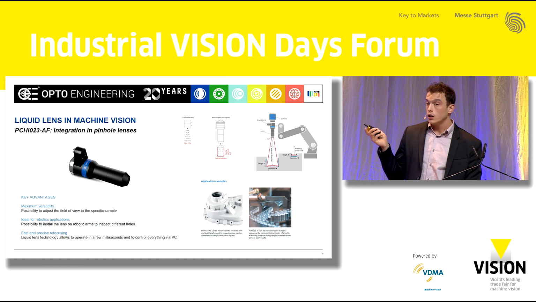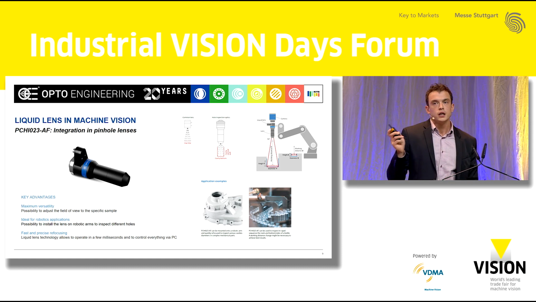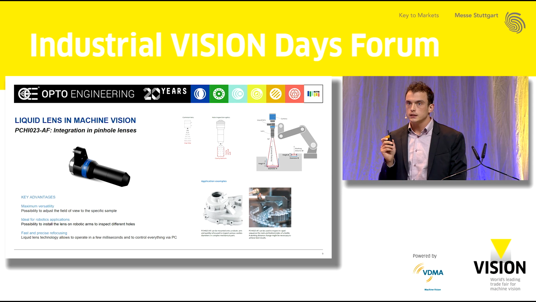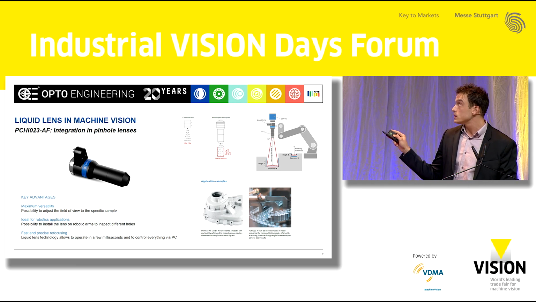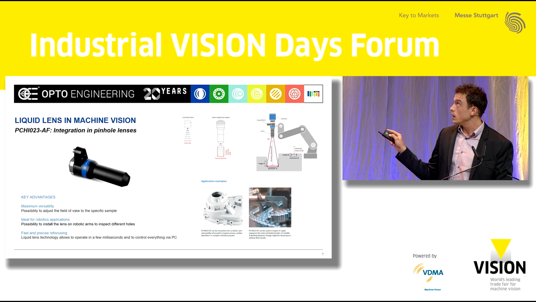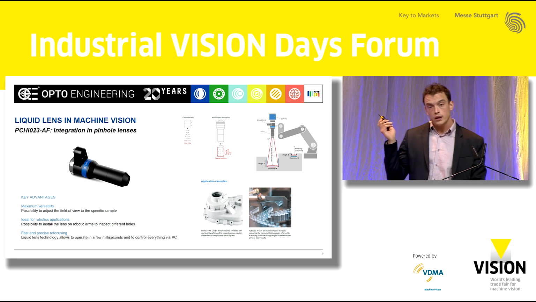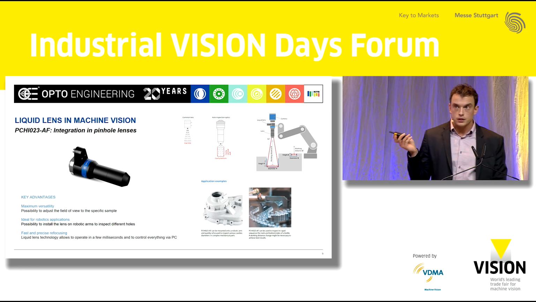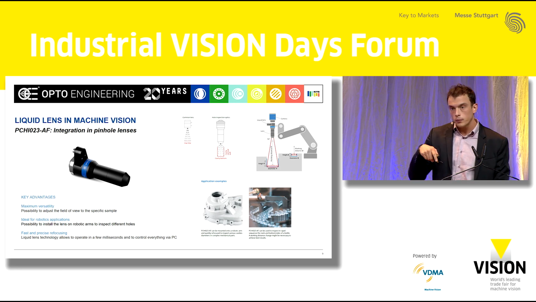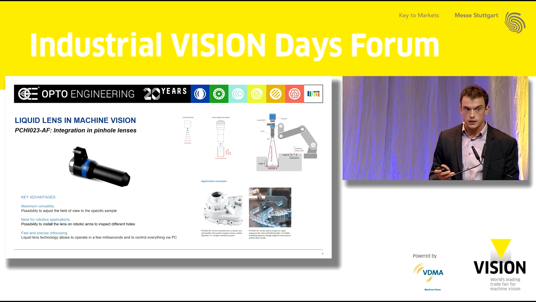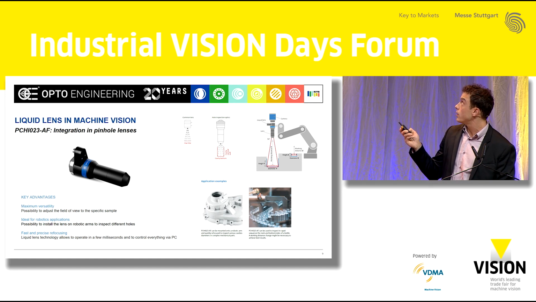Another interesting example of application, this time not related to telecentric optics, but related to some specialty optics of ours, which we call 360-degree view lenses. In this case, you're seeing a so-called pinhole lens, which is an optics allowing you to see the bottom and inner sides of a cavity thanks to a curved field of view.